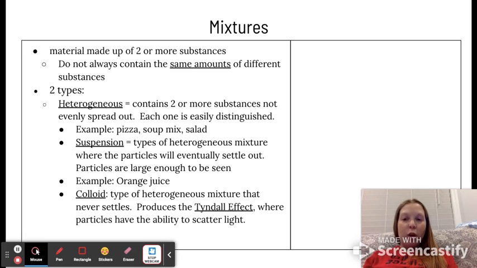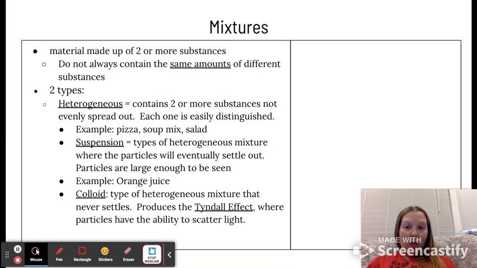And then we also have what are called colloids. And colloids are heterogeneous mixtures, but these do not settle out. So these stay mixed together. So you can think like mayonnaise. I know you can't see the parts to mayonnaise, but thicker substances that stay mixed together. So that's probably not a great example.